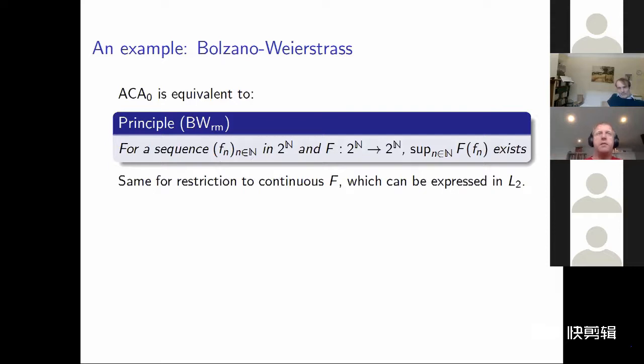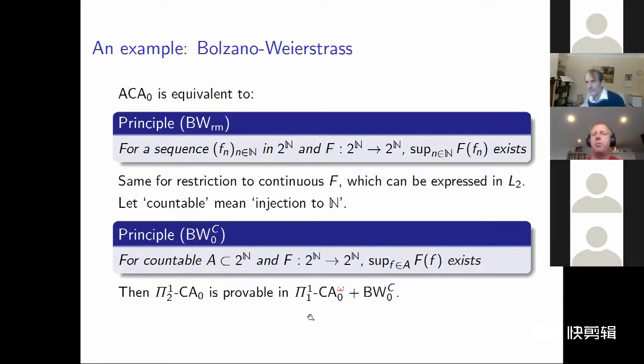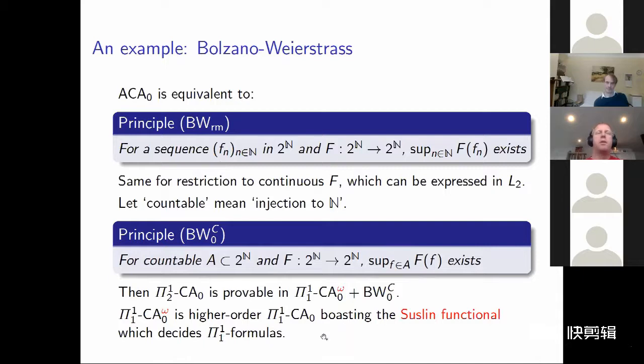That's well known. Now, let countable mean injection to N, and we can ask, what about a countable set in the Cantor space? This supremum, of course, also exists, but then you can already derive Pi^1_2 comprehension from this version of Bolzano-Weierstrass, plus a higher order Pi^1_1 comprehension.